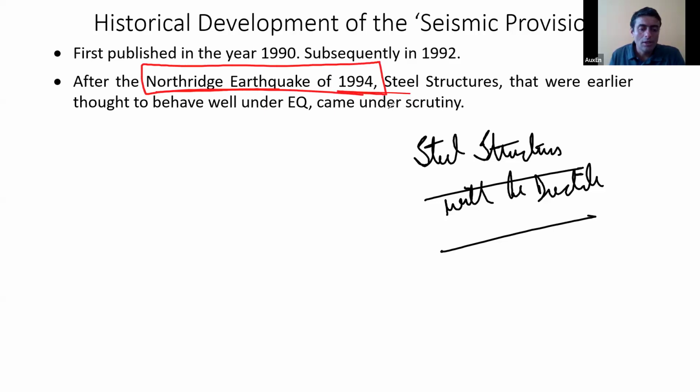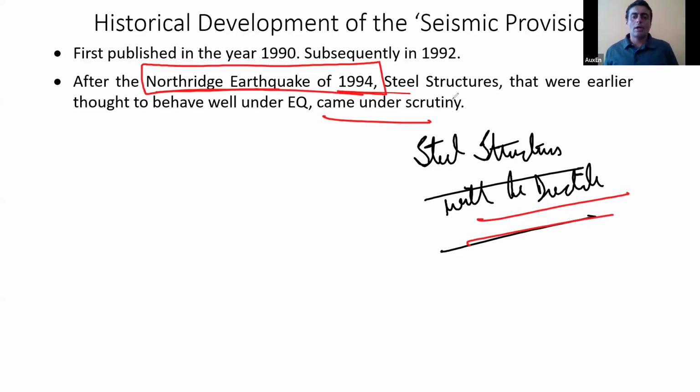This earthquake came as a rude shock to the steel structural community, because till that time, as I just said, it was thought that steel structures would behave quite well under earthquake because they are inherently ductile and nothing should happen to them. But after the 94 earthquake, a lot of issues were seen in steel structures also.